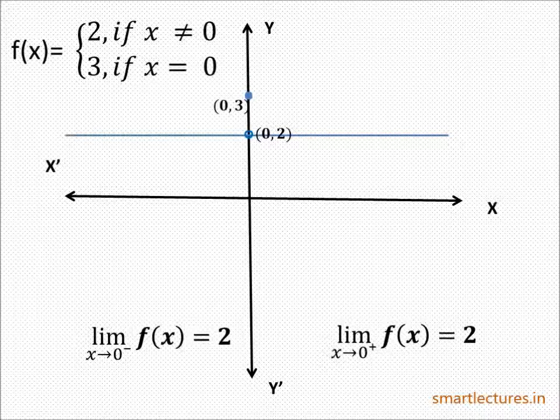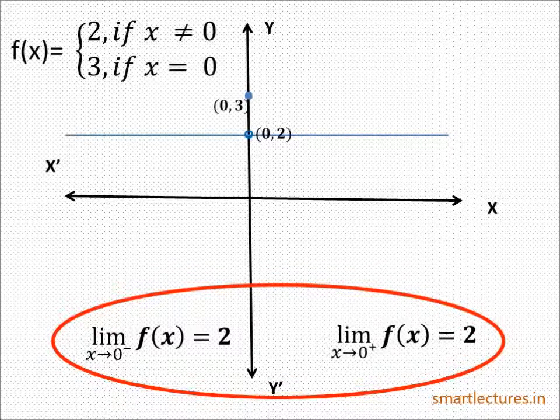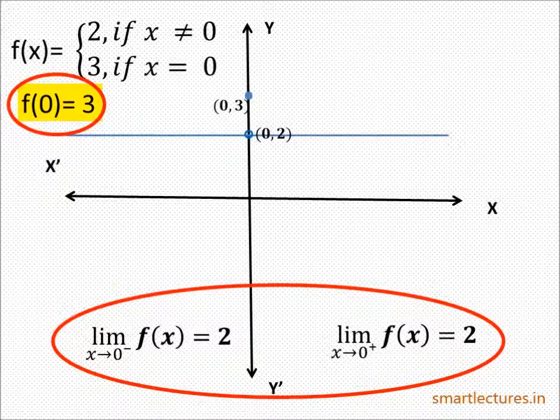That means the left hand limit and the right hand limit at x equal to 0 are equal, and the value of the function f of x at x equal to 0 is 3, which means the value of the function at x equal to 0 is not equal to the left hand limit and right hand limit.